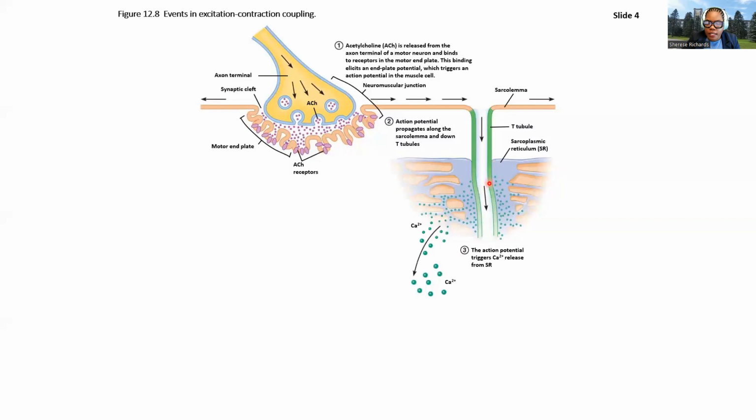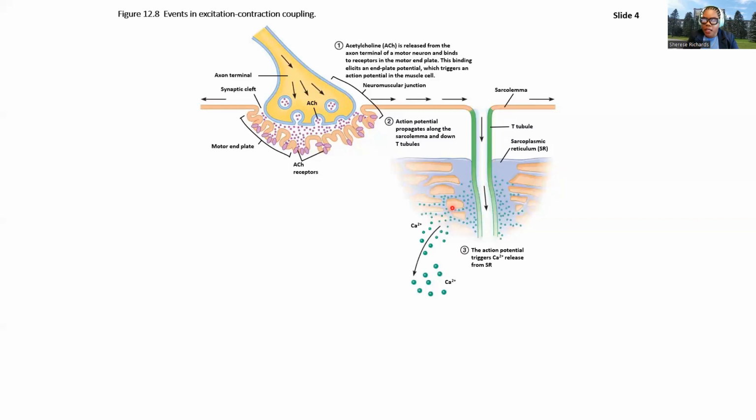The other function of the T-tubules is to couple the action potential to the release of calcium from the sarcoplasmic reticulum. The blue spaces here represent the lateral sacs formed by the SR that create this triad structure: a lateral sac on this side, a T-tubule in the middle, and then a lateral sac on this side together create a triad.